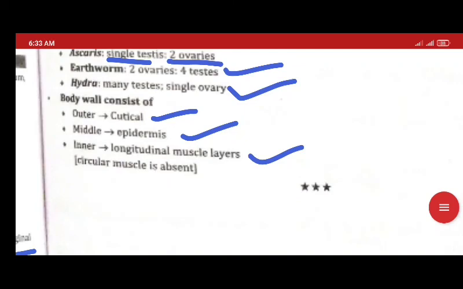As we know, this is organ level development, and the body is also three layered: ectoderm, mesoderm and endoderm. There is an outer cuticle, middle epidermis, and inner longitudinal muscle layer. Circular muscles are absent here because circular muscle starts from annelids.